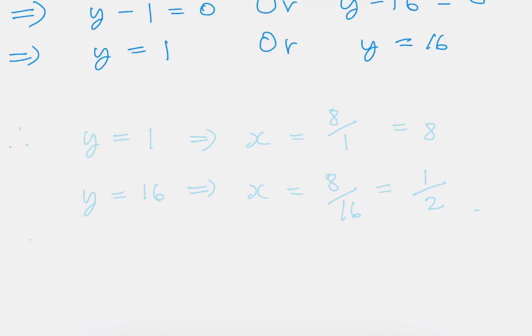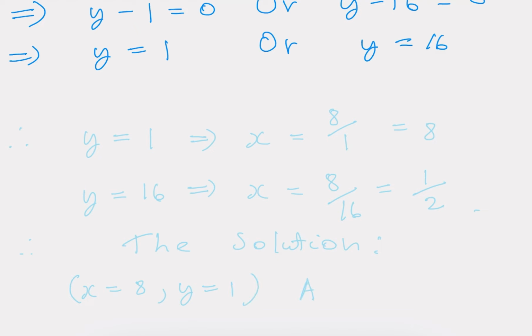So therefore, the solution of the simultaneous equations that were given is as follows. x is equal to 8, which we've solved for here, and the corresponding y value there is y is equal to 1.